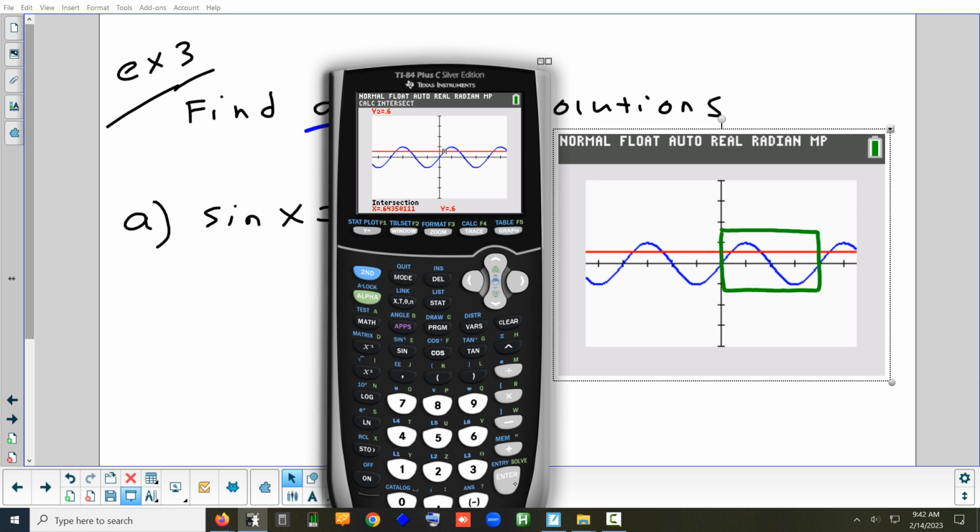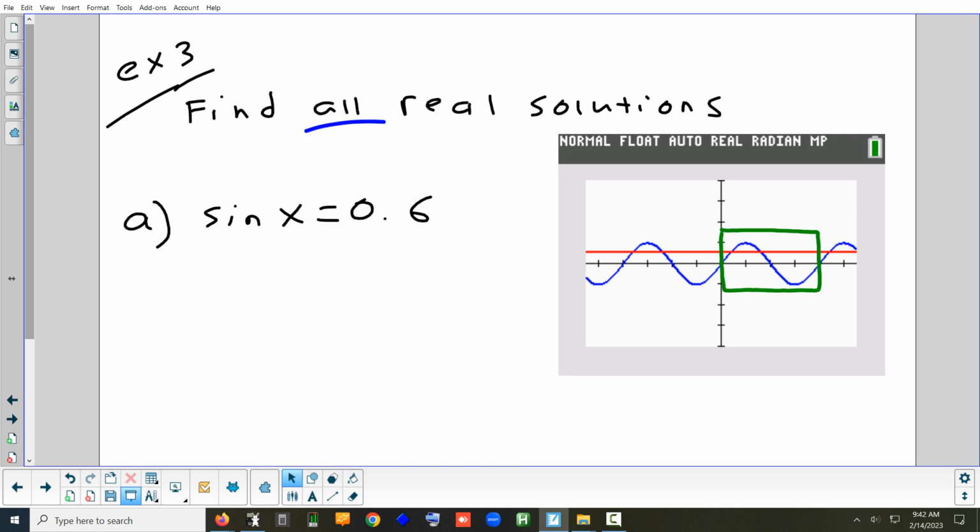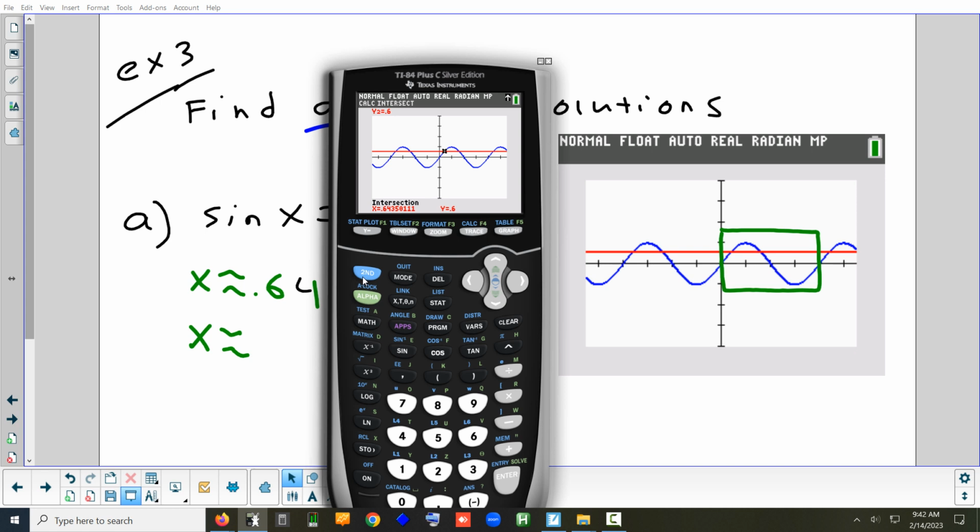Okay, so the first one is 0.64. Okay, we're not done with that yet. And the second one is second calc intersect 2.50.